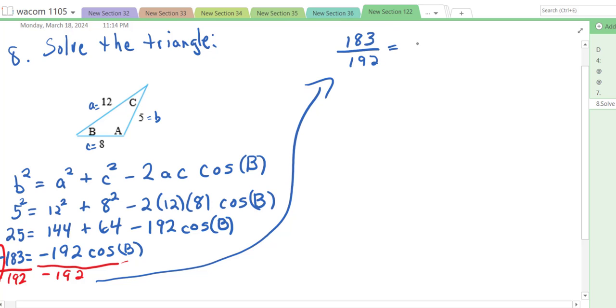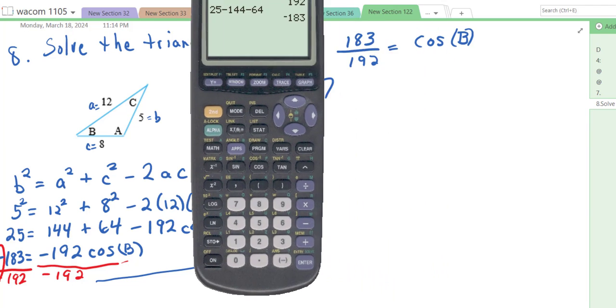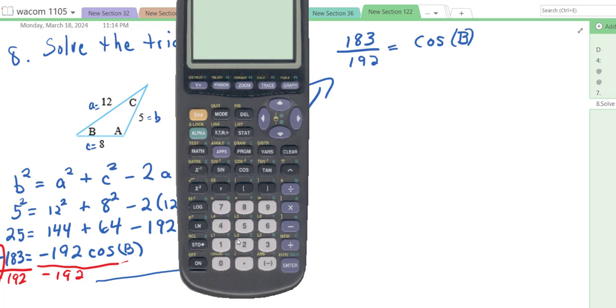This is going to equal my cosine of B. And then I'm going to do cosine inverse because I want to know B. All right, so I'm going to clear. 183 divided by 192. Or if I'd have been really clever, I would have just done the cosine inverse of that. Enter. All right, so I'm going to do cosine inverse of this value.